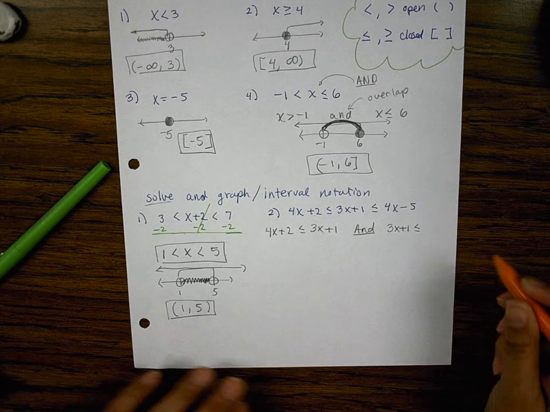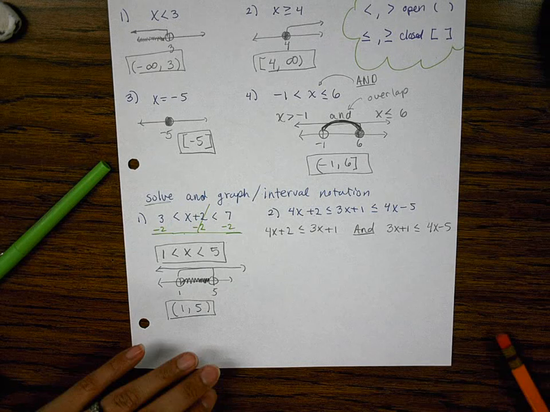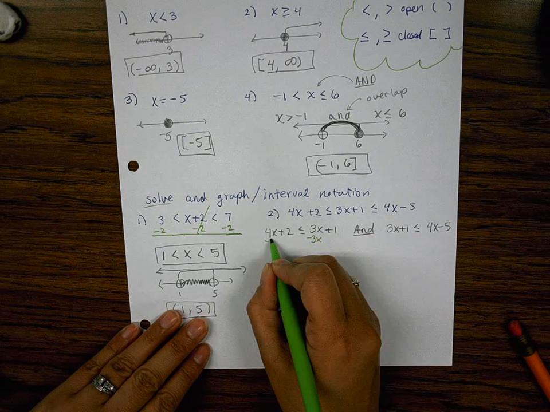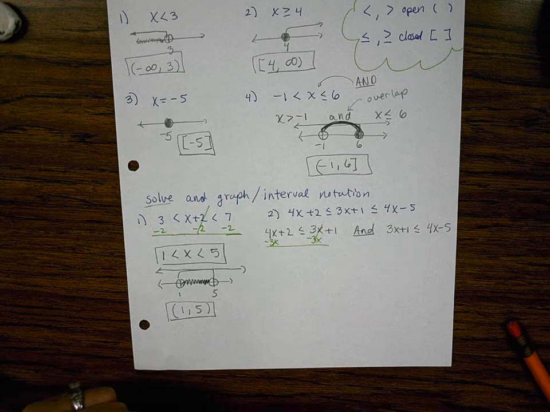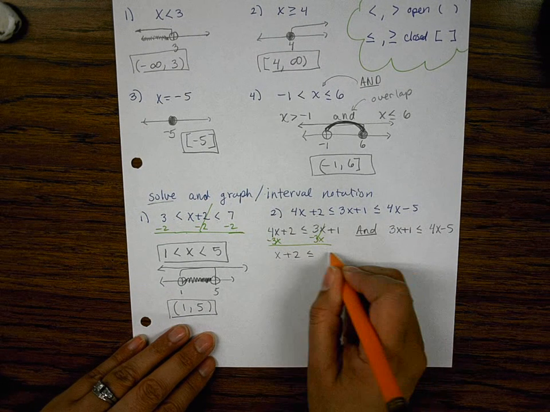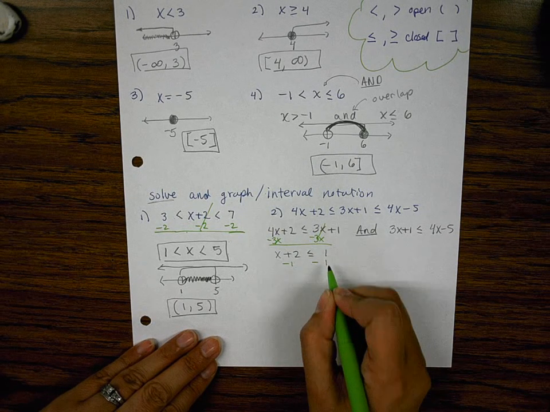4x plus 2 is less than or equal to 3x plus 1 and we know it's an "and" because it's sandwiched between 2 pieces. And then the middle again, 3x plus 1, that's the part that's sandwiched, is less than or equal to 4x minus 5. And then you solve as you usually would.